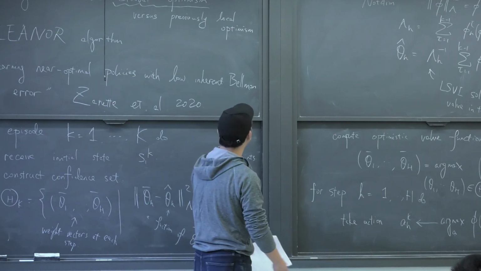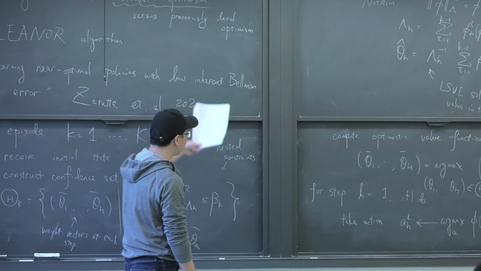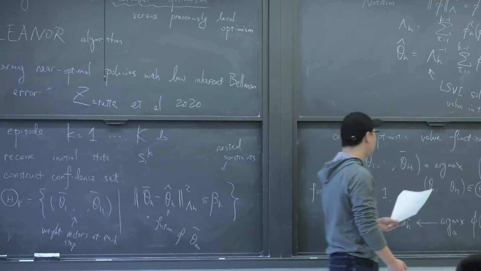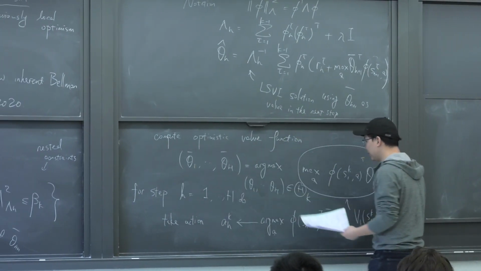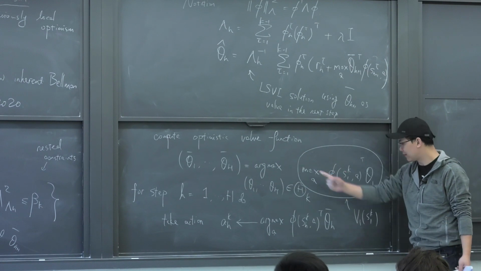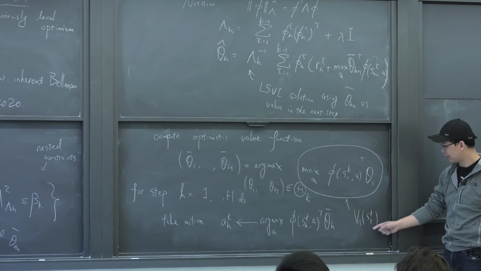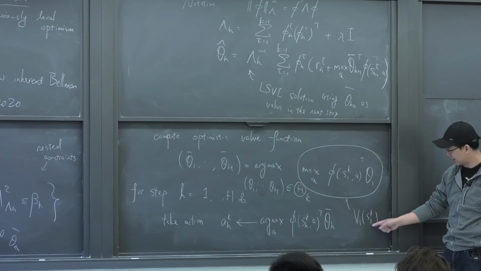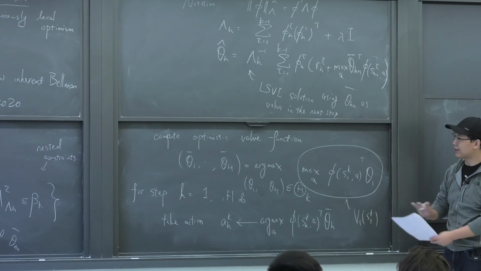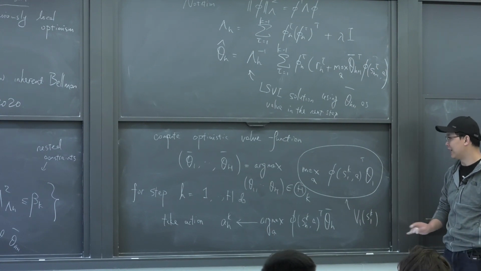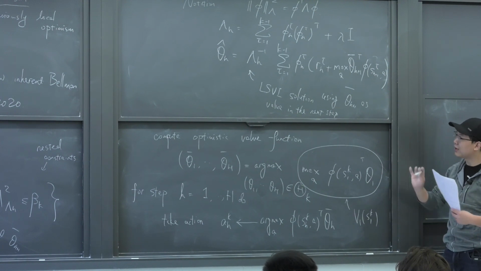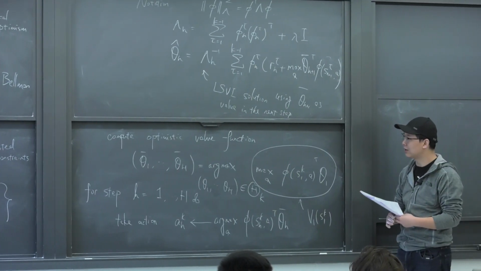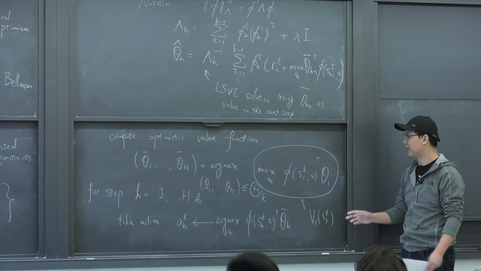Another whole idea, why we talk about the global optimism versus the local optimism, is that here we explicitly compute the value function, that is theta 1 to theta h, which only maximizes the V1. V1 is the value at the initial step at S_1^k. So we never say we're going to optimize over any middle value or anything. Remember in the tabular setting or in the least square value iteration, we can essentially guarantee for every state our value function is an upper bound.